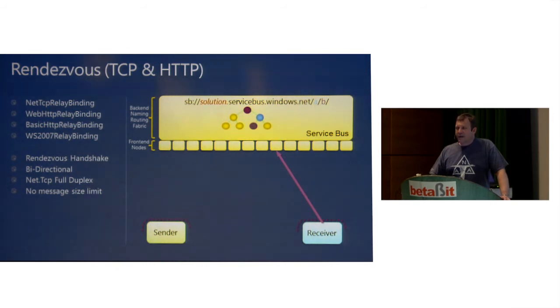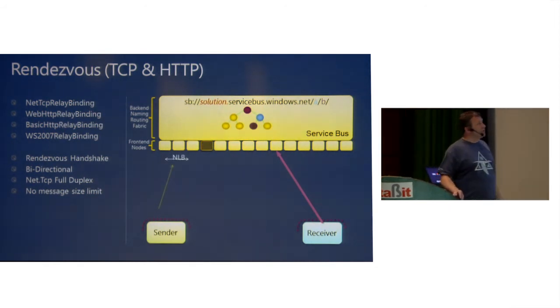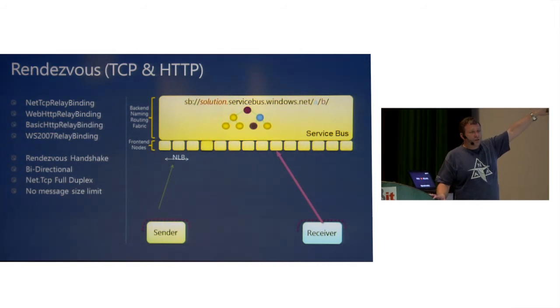So we will be as aggressive as we possibly can be. And as WebSockets becomes available, we also want to support WebSockets as an additional option here. So we'll have 4 options to actually get out and create that connection, which should work for practically every environment. The sender then comes to another front-end node in Service Bus.